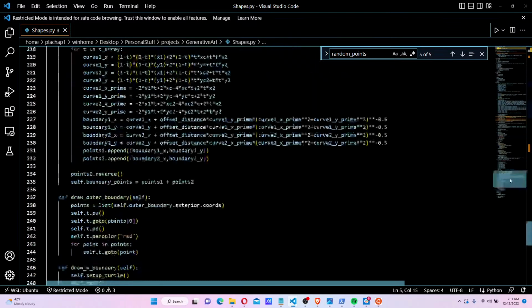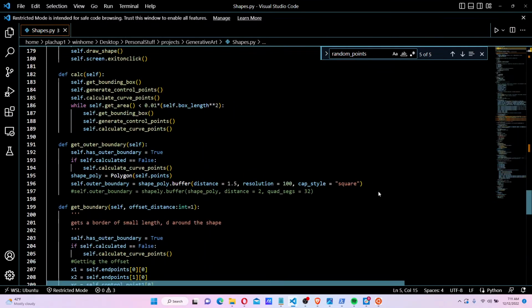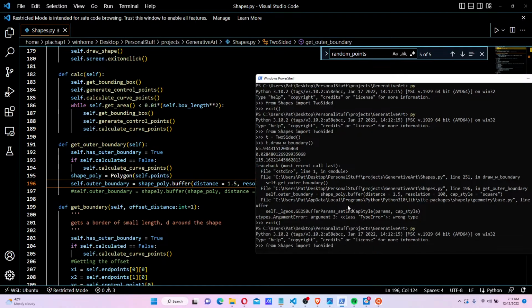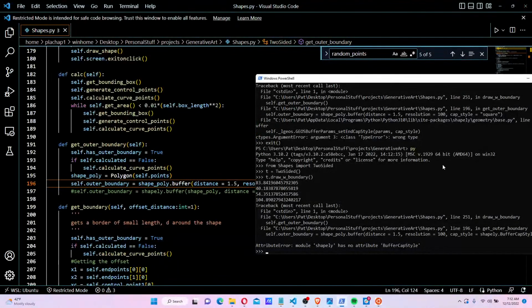Oh, I've already imported shapely, so I could just say equals to shapely dot buffer, cap style dot square. Okay, now try running it again. Fails.